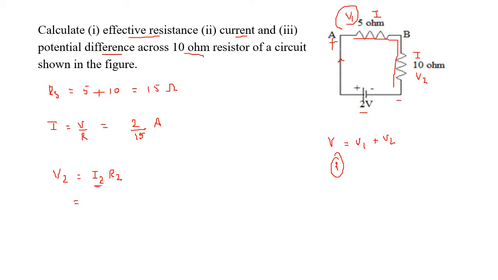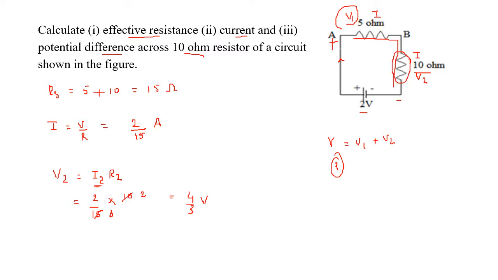But the I is the same for both. That is 2 by 15 ampere. And the resistance 2 is 10 ohm. So I put a 10 here. So 5 2s are, 5 3s are, or 4 by 3 volt. So what you can see here, the voltage across this 10 ohm resistance is 4 by 3 volt.